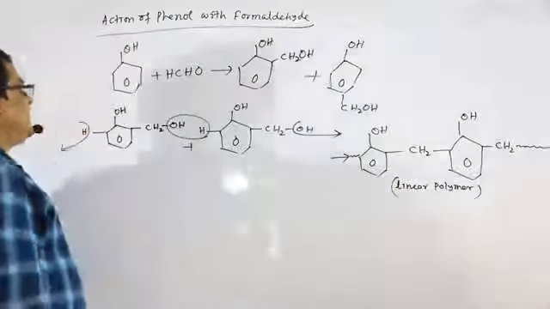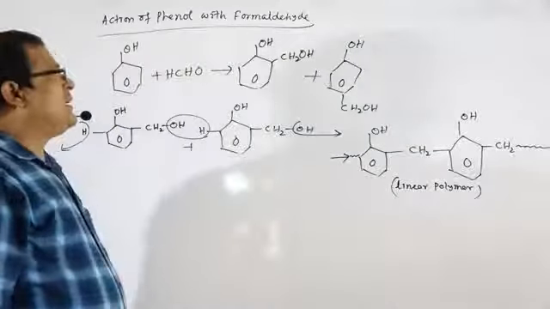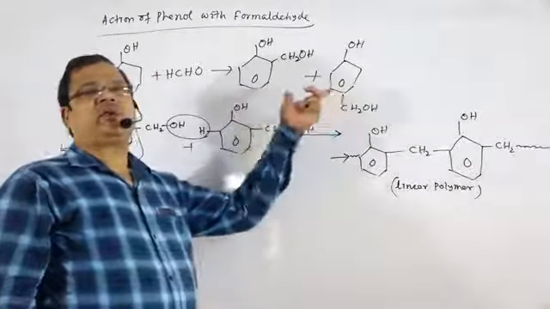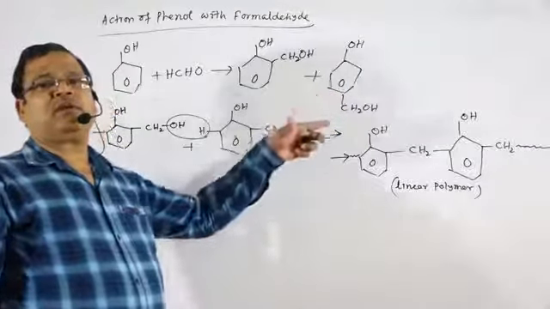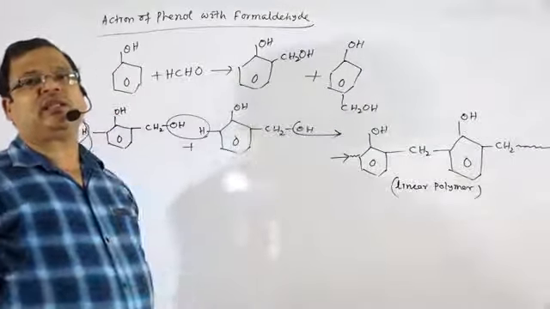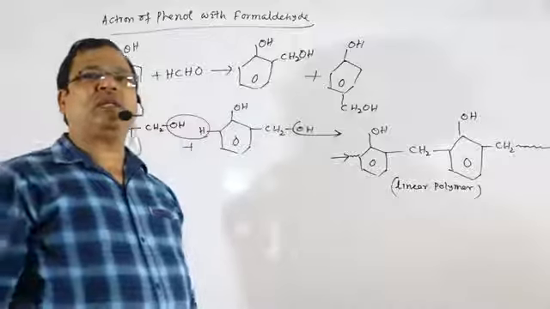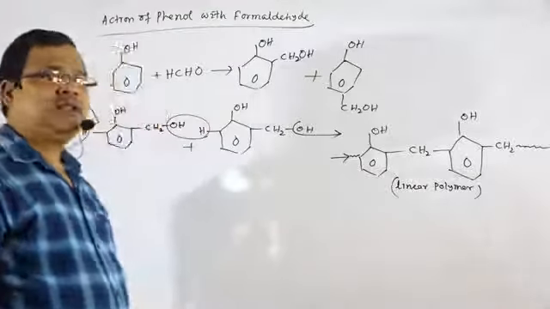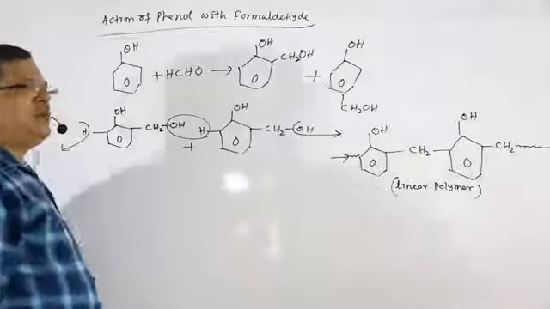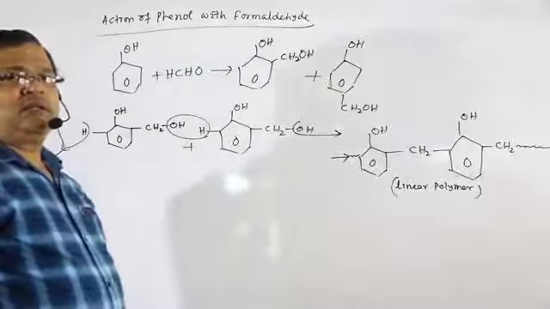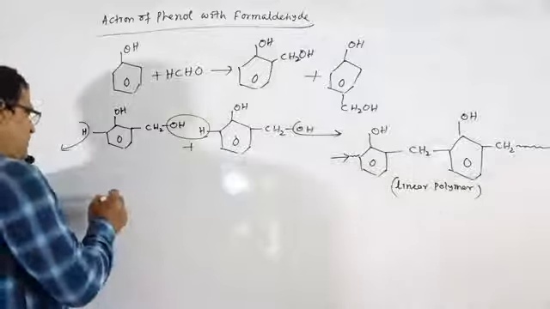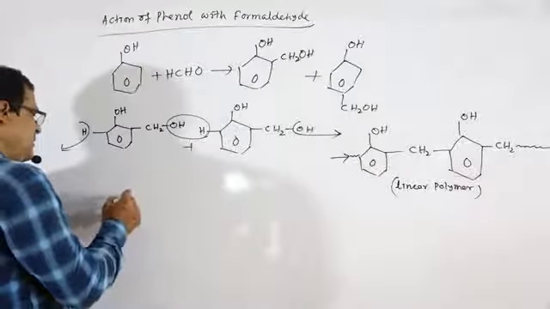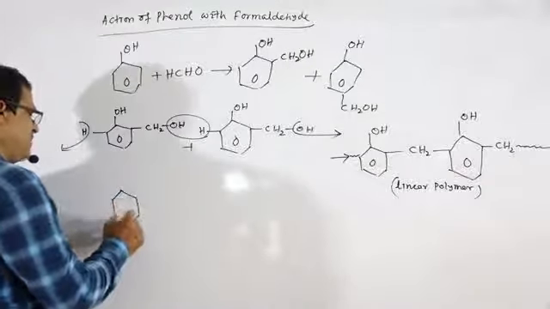So next we will see the reaction where both the ortho product and the para product get cross-linked. There is the formation of cross-linked polymers. How will these cross-linked polymers be obtained? We will see regarding the ortho product and the para product.